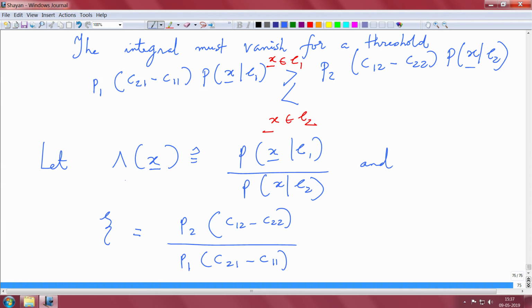So, we have this statistic, which is the likelihood ratio, and then we compare against this threshold that we have. We choose against this threshold and decide on these two classes. Now, if this lambda is greater than zeta, then it belongs to class 1, and otherwise class 2, because this is how we set this decision rule.